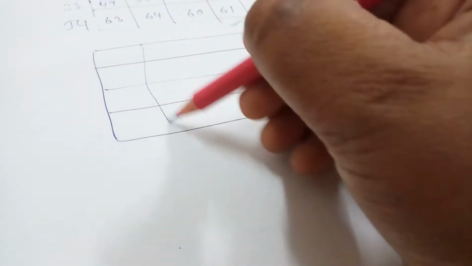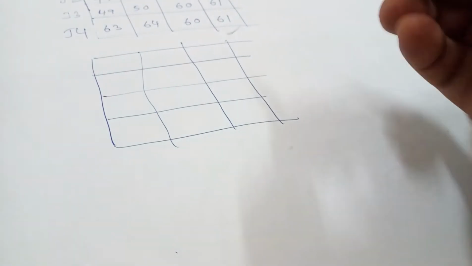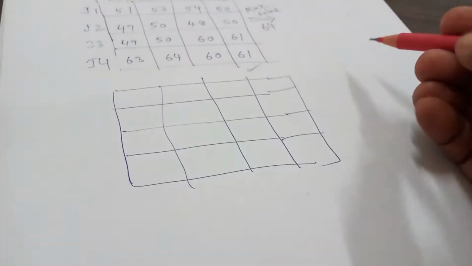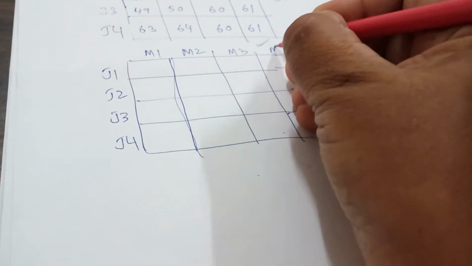Now you get again 4 rows and 4 columns, J1, J2, J3, J4 and M1, M2, M3 and M4.